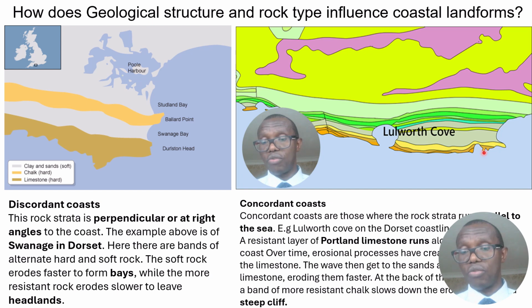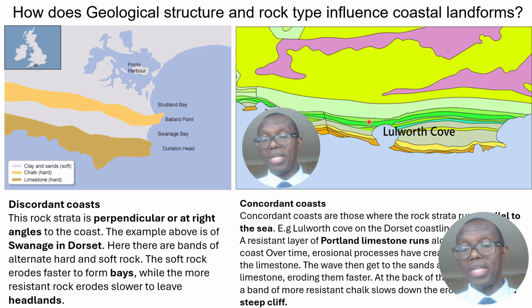We have different types of rock here, and if the rock that you have on the outside here, nearest to the sea, is fairly resistant, it will erode a lot slower, right? But it will still erode. Now, after it has eroded through the harder strata of rock, then it will get to the softer rock behind it, and that will be eroded a lot faster, as you can see is what has happened here.